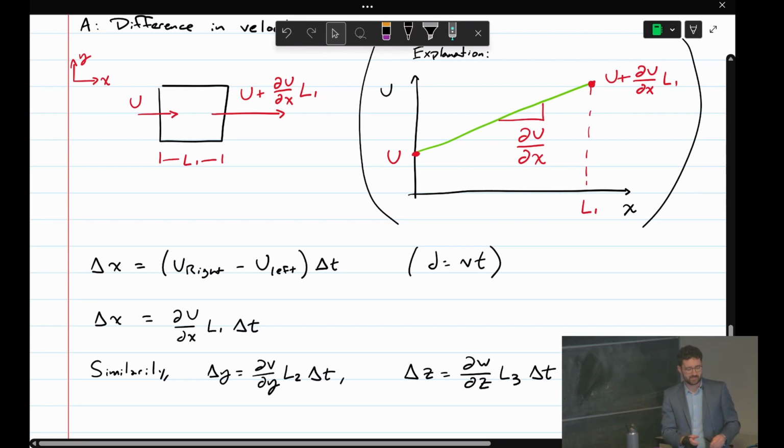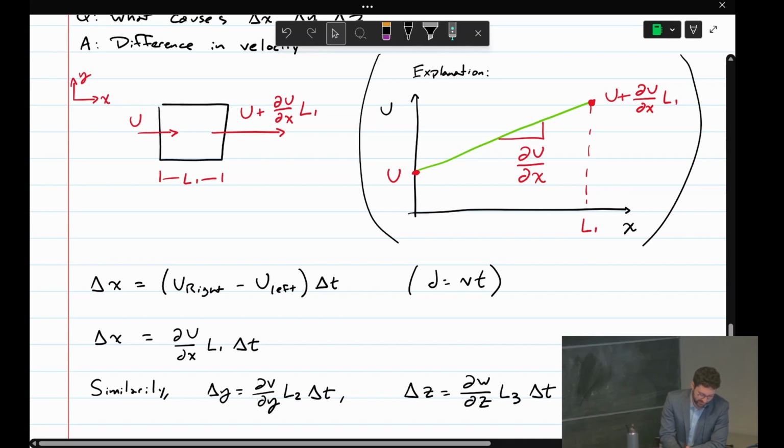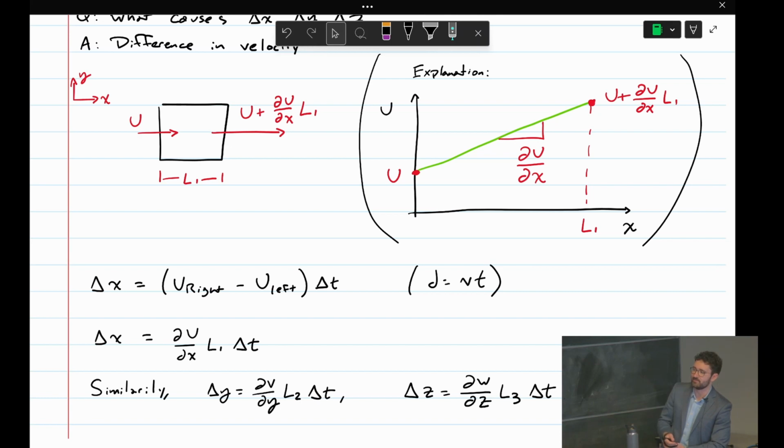I just want to zoom out for a sec just to confirm where we're at in what we're trying to do here. We're trying to compute the change in volume of this element as it moves in terms of the velocities. And what we see is that the change in volume is going to be related to these partial derivatives of the velocities along x, because the difference in velocity across the fluid element will cause it to stretch.